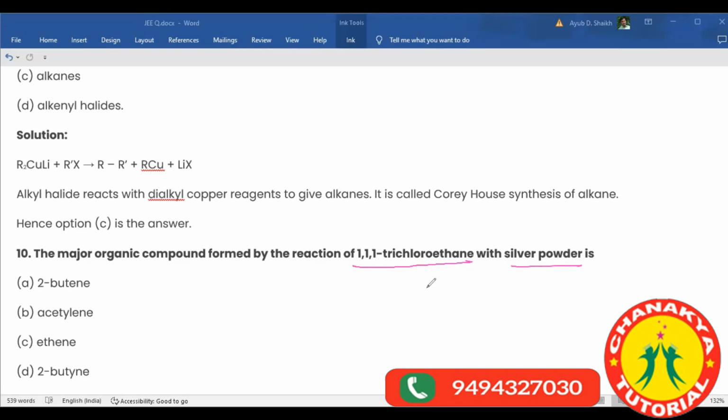Options are there with you: 2-butene, acetylene, ethene, 2-butyne.